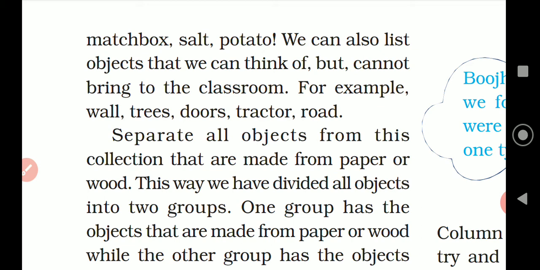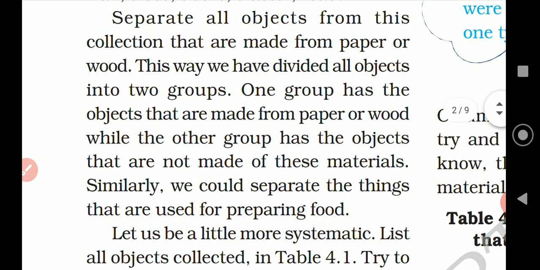Start separating the objects made of paper and wood. This way we have divided all objects into two groups, right? One group has the objects that are made from paper or wood, while the other group has the objects that are not made of these materials, right?